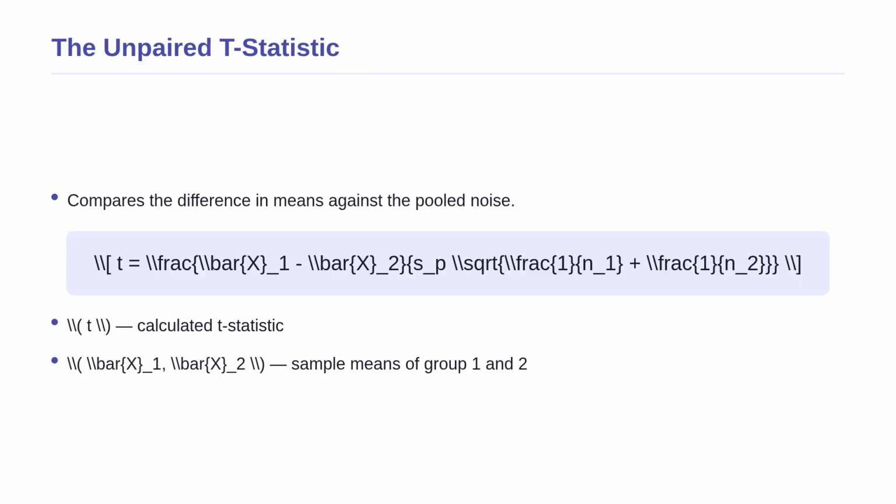With our background noise calculated, this brings us to the main unpaired t-test formula. The t-statistic is essentially a mathematical ratio. The top part of the fraction, x bar 1 minus x bar 2, represents the actual difference between the two group averages.